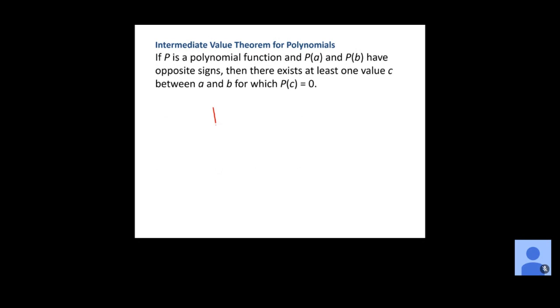If we were to sketch this, what would it mean for P of a and P of b to have opposite signs? Think about, first off, what do P of a and P of b represent? What types of values on our graph?